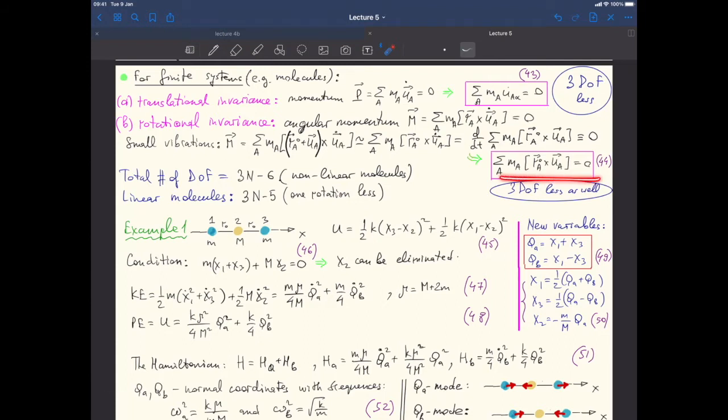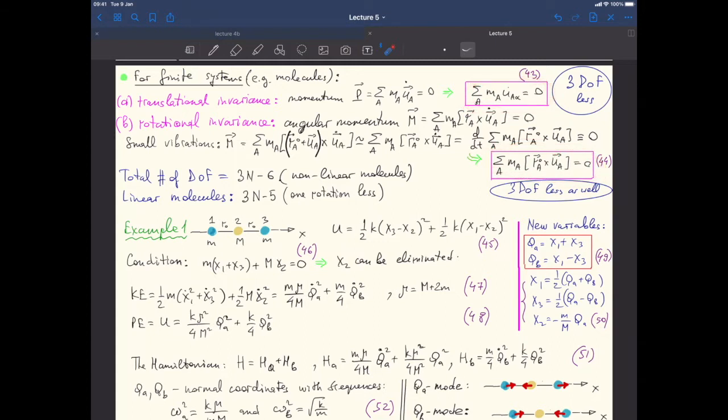So these two equations, if both are satisfied by the displacements, would eliminate rotations and translations of the system, because this provides constraints for the atomic displacements. And therefore, when we consider vibrations of a molecule with 3n degrees of freedom, where n is the number of atoms, we'll have to exclude 3 translations and 3 rotations from the system.